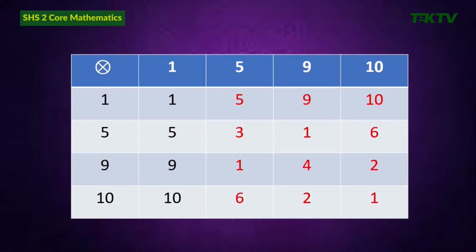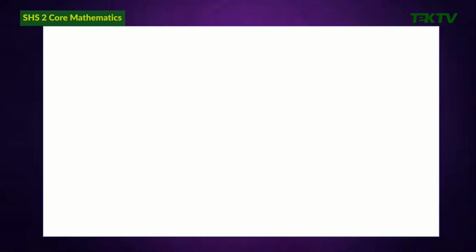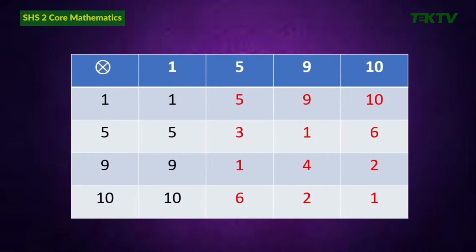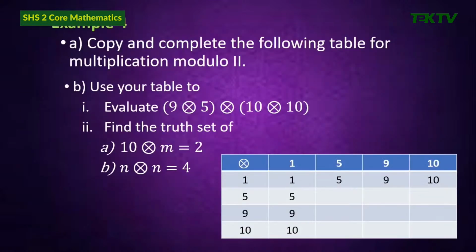Now that you have the table, let's look at the B part. I'm interested in the B part because I believe the A part, you can all do it now. The B part first evaluates 9 times 5 times 10 times 10.